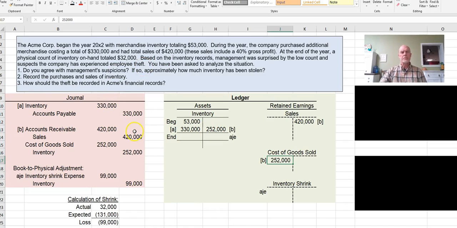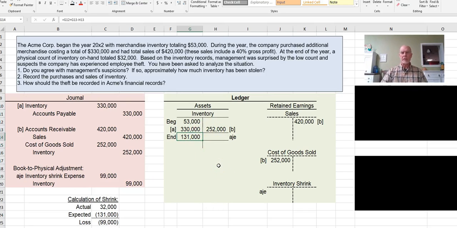Okay, so we had a physical count of $32,000. Well, if we've been keeping records day to day on a regular basis, then in the inventory account, we would have what we started with plus those purchases minus what we have accounted for as cost of goods sold, and that would give us $131,000.